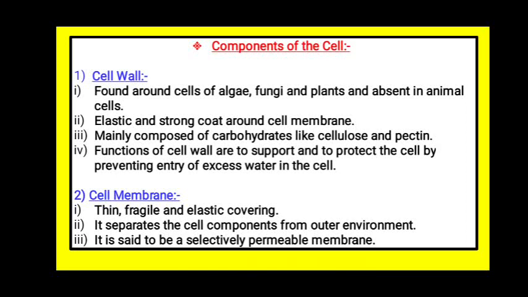It is also called selectively permeable membrane. Now what do you mean by selectively permeable membrane? Cell membrane is a membrane which allows only certain components to pass through the membrane. Only certain substances are allowed to enter the cell. That is why it is called selectively permeable.